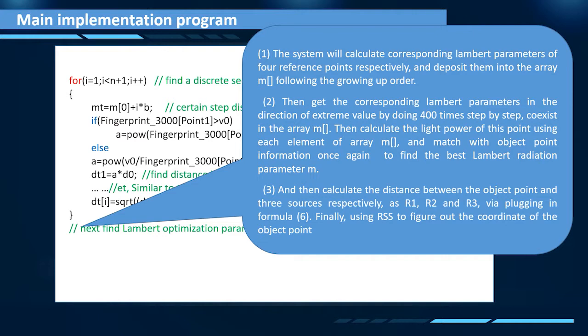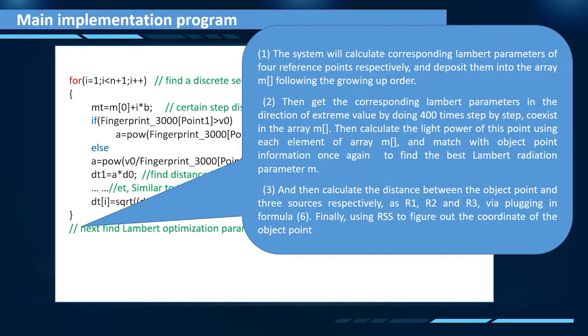Then calculate the light power of this point using each element of the array, and match the object point information once again to find the best Lambert radiation parameters.